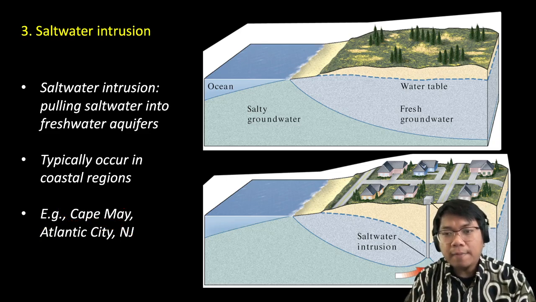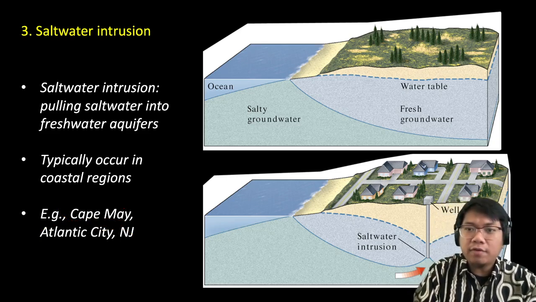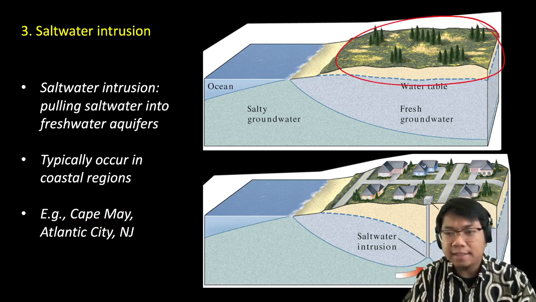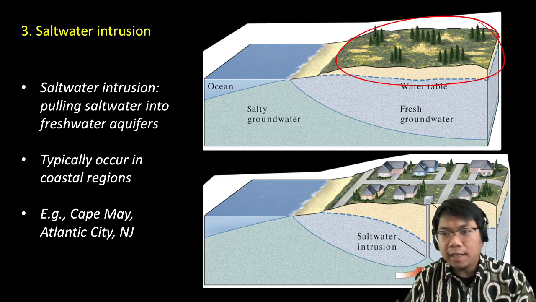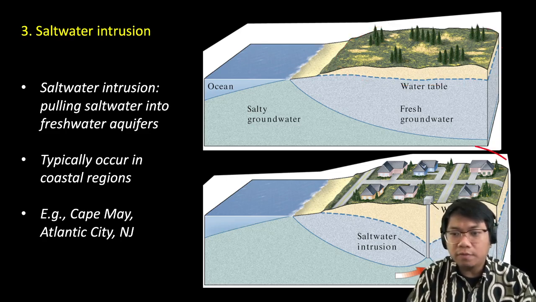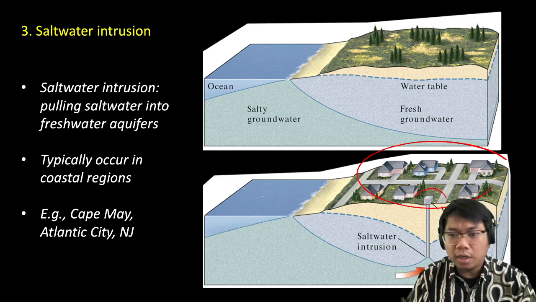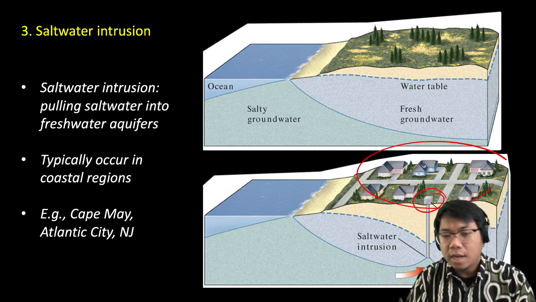Okay, so what happened here is that we have a piece of land that has not been developed yet, and then of course when people start to move in and require water, they pump the water out of the ground.